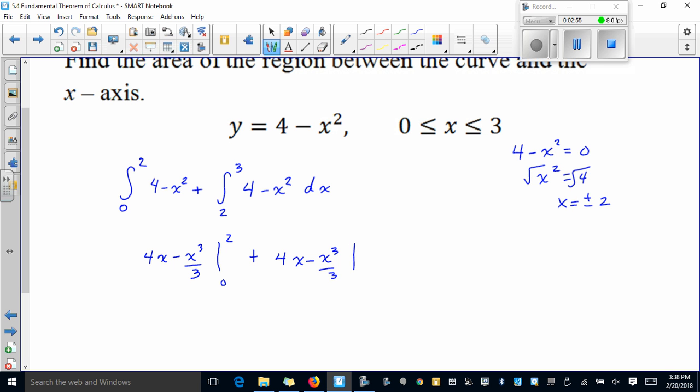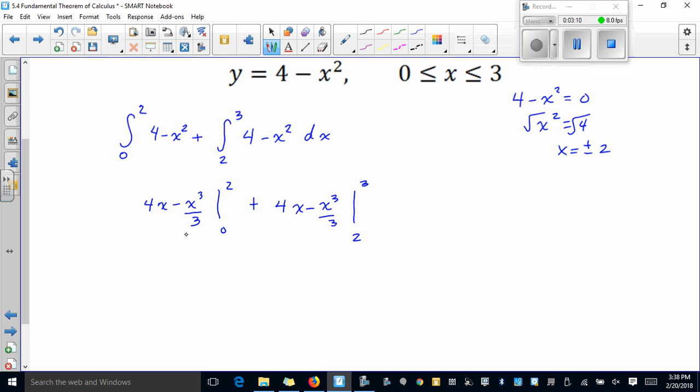Okay, so we plug this one in, but I know I'm going to be doing absolute values, so let's go ahead and get the absolute value symbols on here. So this is going to be 4 times 2 minus 2 cubed over 3 minus 0. If I plug in 0 to those x's, I'm going to get 0. Plus the absolute value, now I'm plugging in 3.